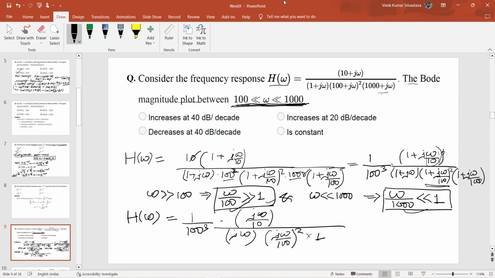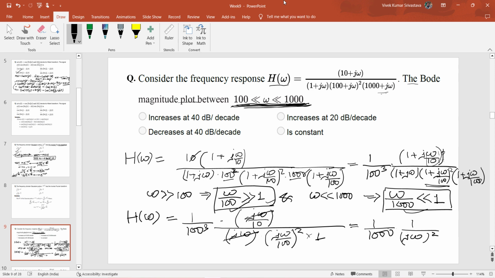Now we can cut this j omega from both numerator and denominator, and this we can further solve as 1 over 1000 into 1 over j omega square. It means that between this frequency range you will get a pole of order 2.